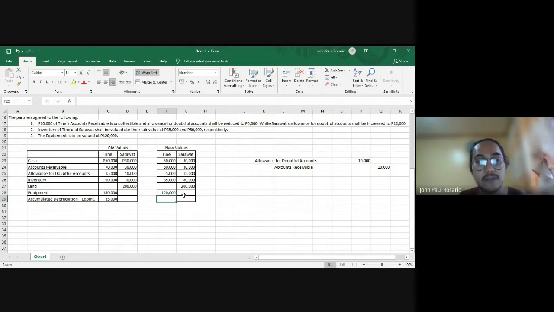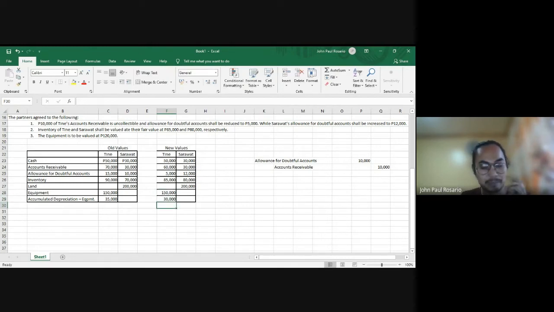And as I have said a while ago, when equipment is contributed, your accumulated depreciation should be reduced to zero. There are instances where there is a possibility that instead of recording 120,000 here, you will record 150,000 gross value and then provide an accumulated depreciation of 30,000.